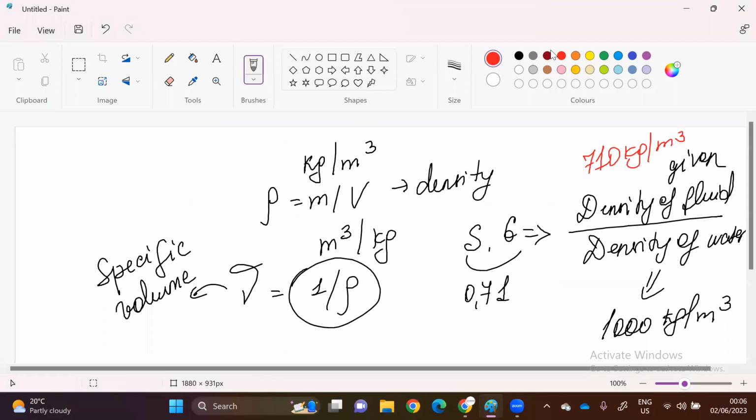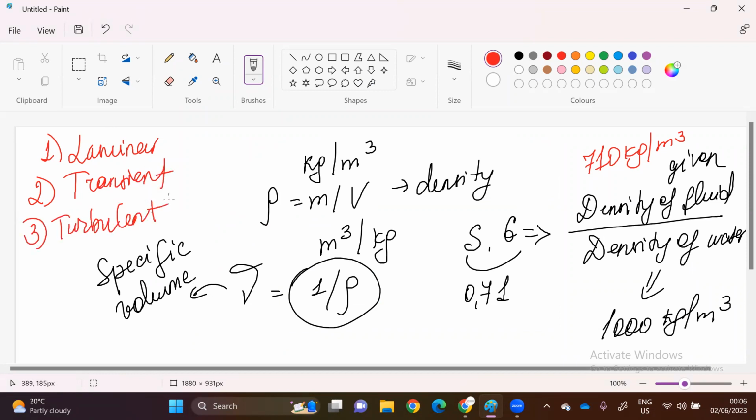Next one: if Reynolds number is 8000, what is the flow regime? Let's write it here. First of all, we have different flow regimes, right? The first one is laminar. The second one is transient. And the last one is turbulent. We determine our flow regime with the help of Reynolds number.